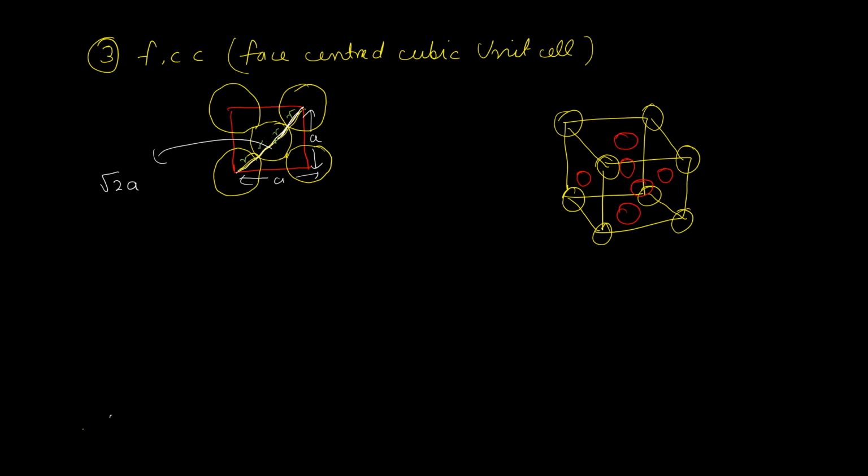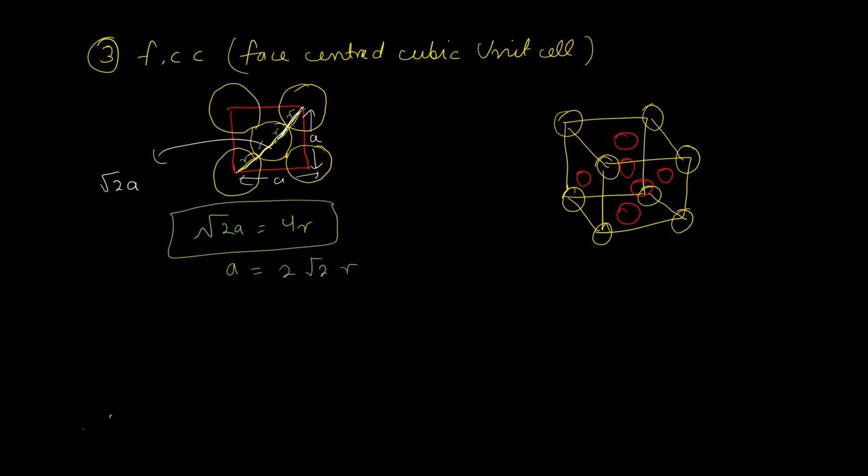So it means root 2 a is equal to 4r. So it is very simple to learn. In case of simple cubic, the edge length is equal to 2r. In case of BCC, since body diagonal is there, root 3 a is equal to 4r. And in face center, since only face diagonal is there, root 2 a is equal to 4r. Now a comes out to be 2 root 2 r.